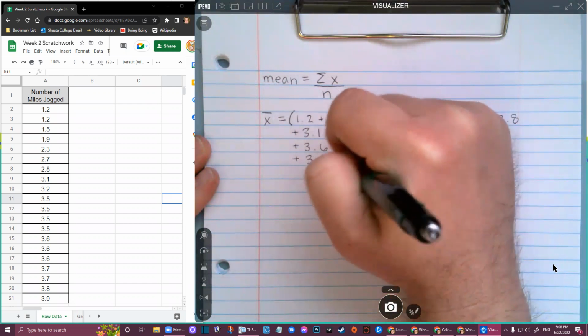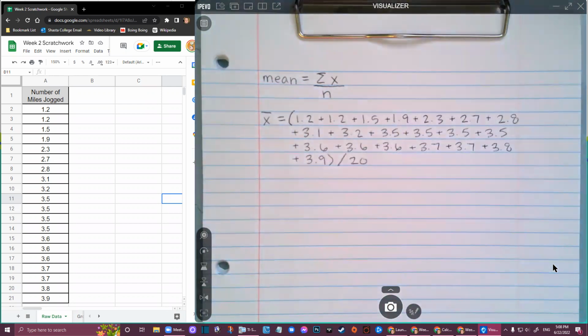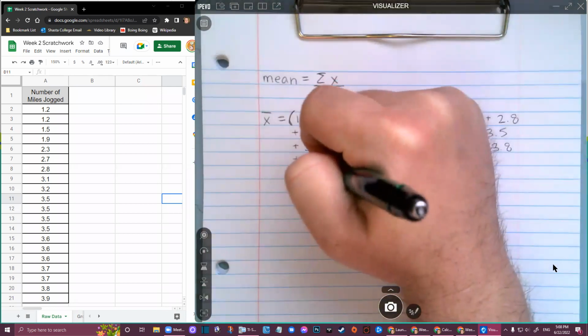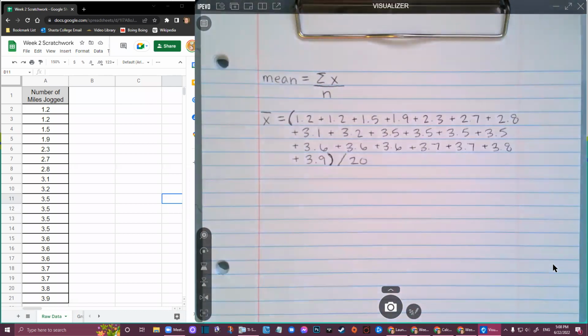Dividing that sum by 20, by the number of data points. You'll notice for lists that start to get a little bit longer than about 6 or 7 data points, you start to run out of room. You can write addition as a long string over several lines, but make sure that you use those parentheses so that we know we're adding all of those values first before we're doing the division.